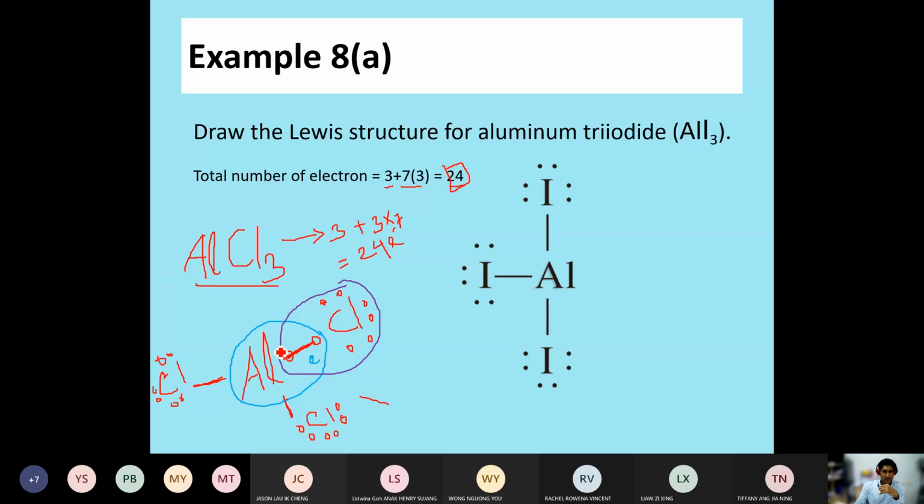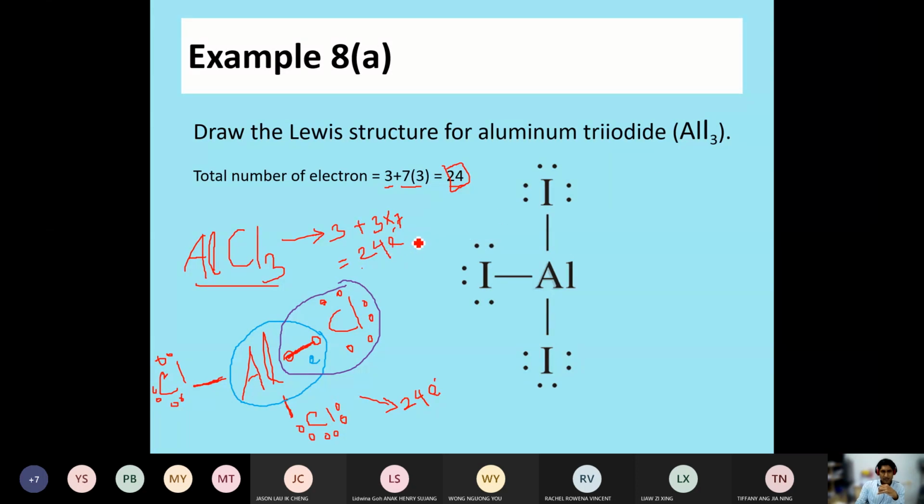And this way, we achieve the condition that there are 24 electrons. So it matches our calculated number of electrons to the structural electrons that we put on this molecule, aluminium trichloride.